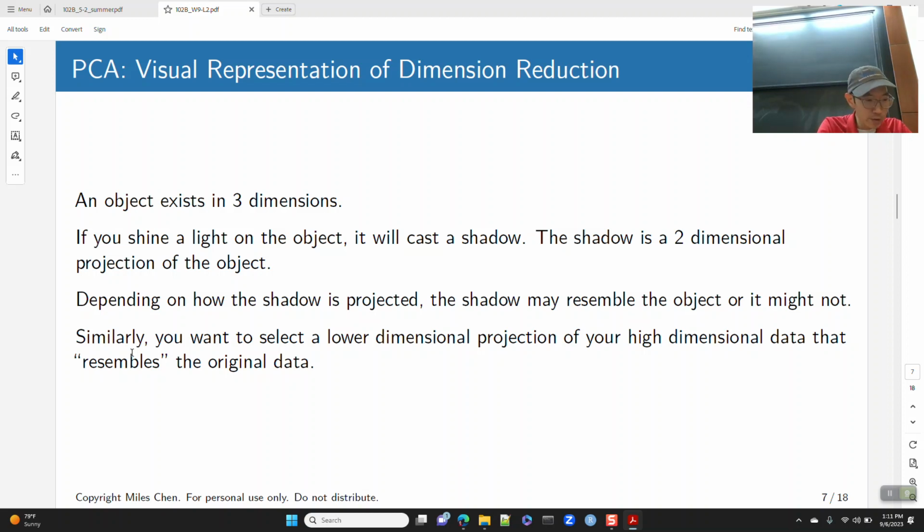A visual representation of PCA is to think of an object that casts a shadow. My apologies to those watching the video, but I'm going to come over here. My hand exists in 3 dimensions, and if I put it in front of the screen, you see my shadow here. If you see this shadow, it's very clear that this is a hand.